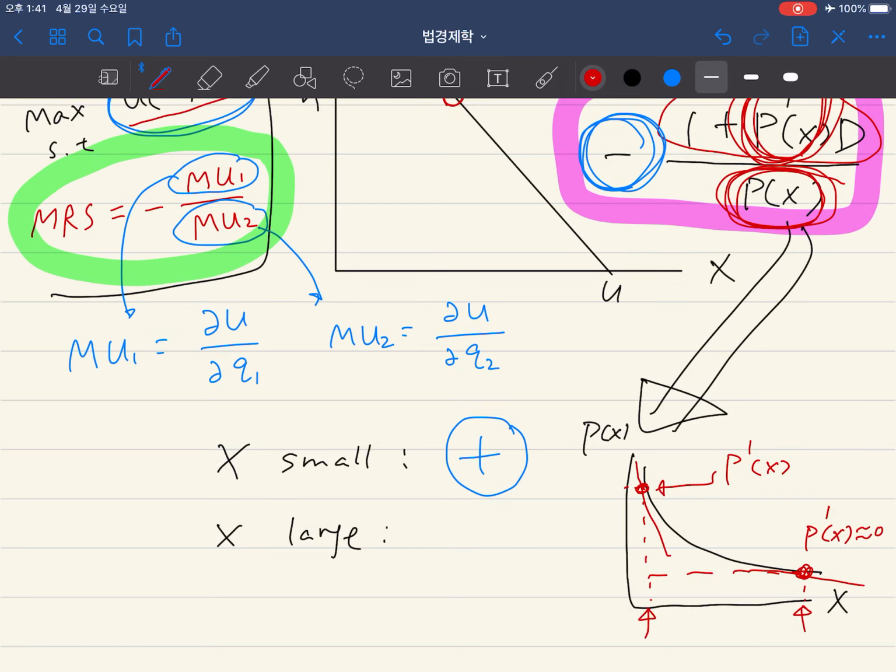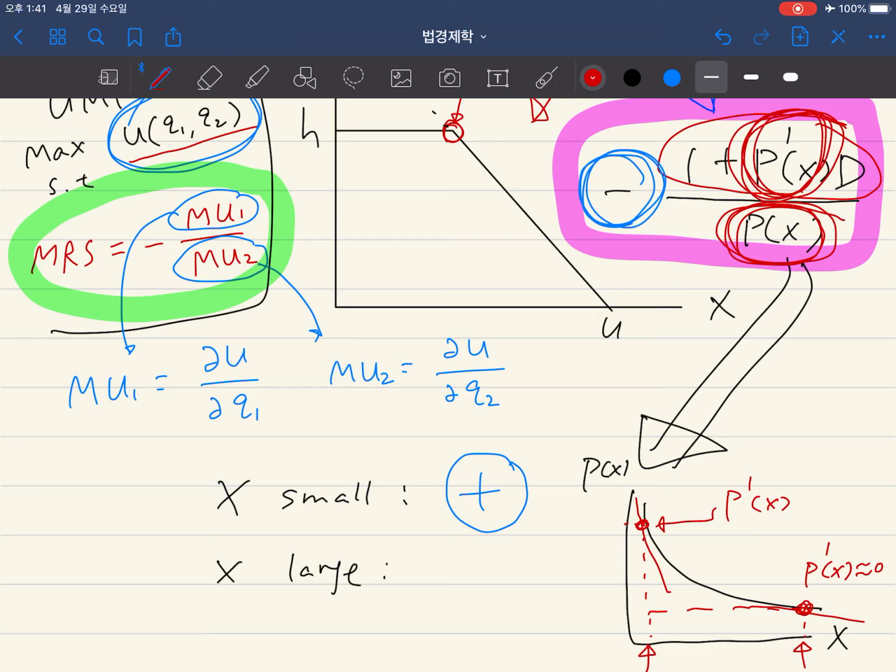Then what do we know? Again, from our formula over here, p prime x, so let me use blue color, this number is getting close to 0, so it's gonna disappear. Then in the numerator, we have number 1, so numerator is positive.